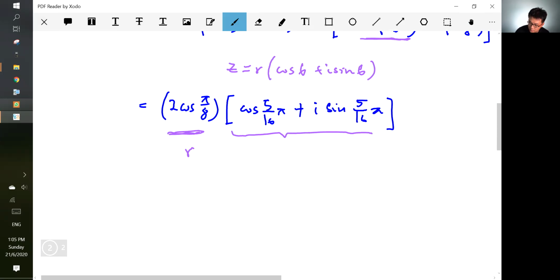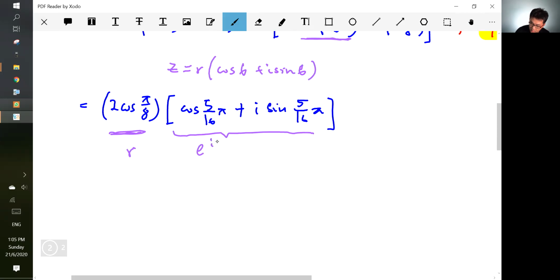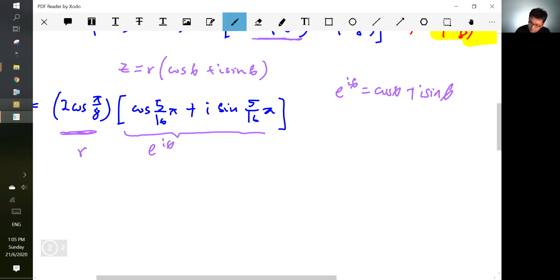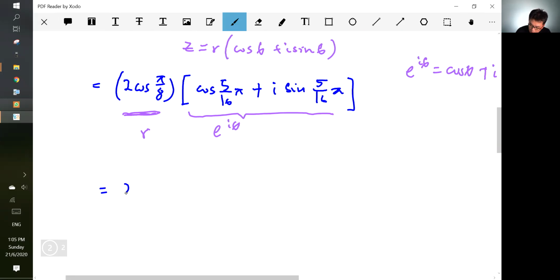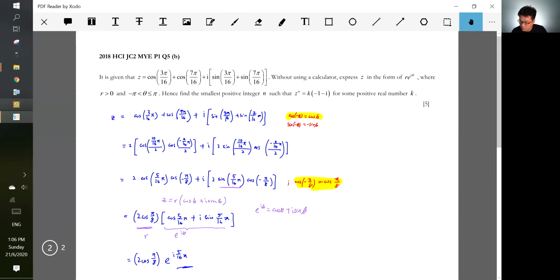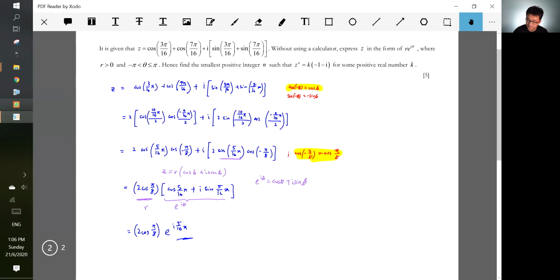This one over here, just use e^(iθ). So e^(iθ) is, this is the Euler formula here. Then this will be 2 cosine, like that. Okay. That's how I do this part here.